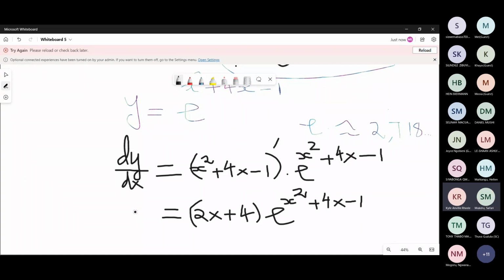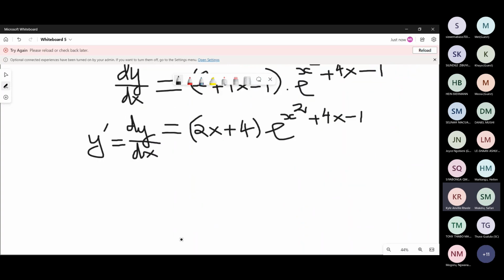What is the derivative over x? This is another notation for y prime, right? Same thing. Basically, maybe let me conclude with logarithm.